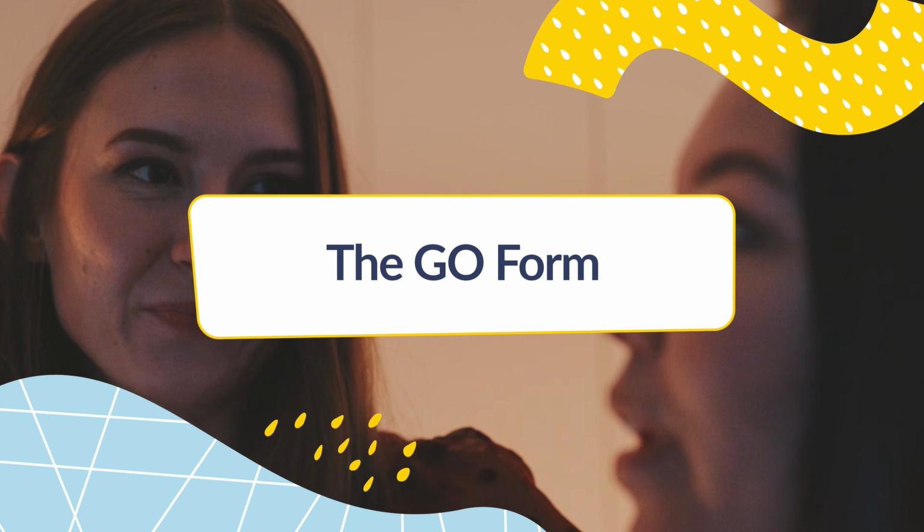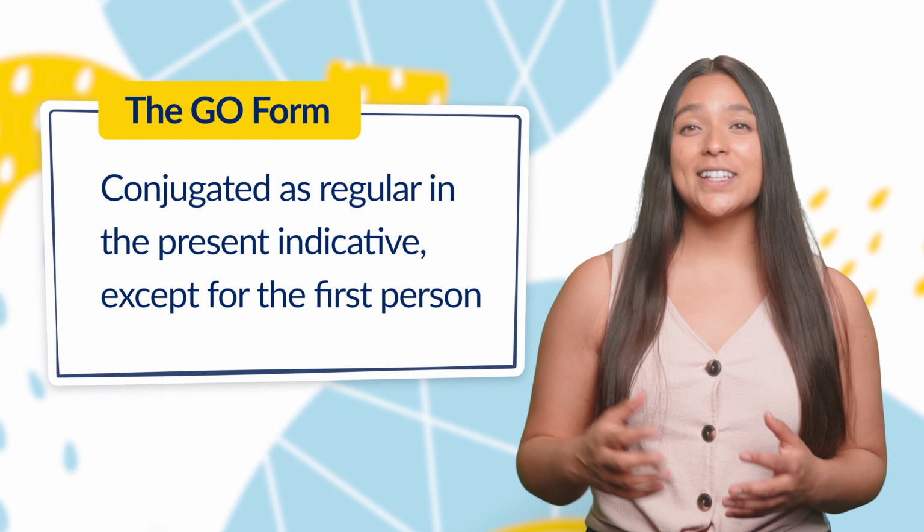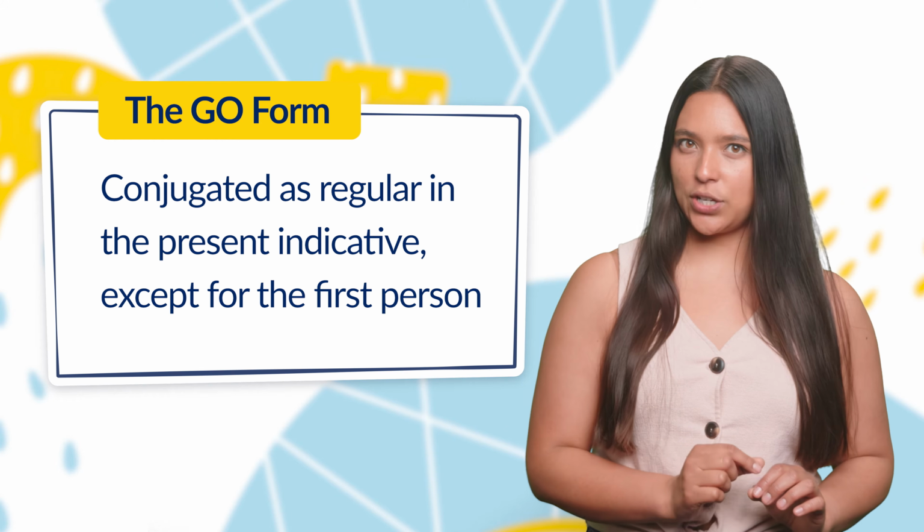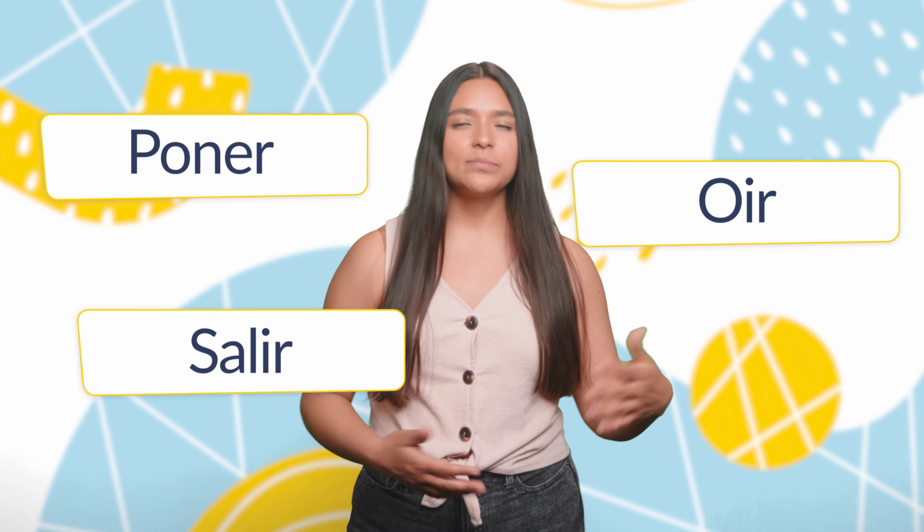Moving on to our second category of go verbs, we have the go form. The go forms are verbs which are conjugated as regular in the present indicative except for the first person conjugation, yo, where we add a G before the suffix o. Some of these verbs include poner, oír, salir, among others.